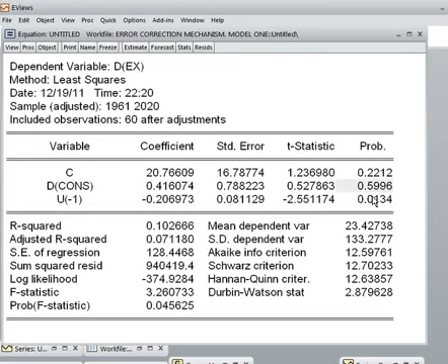So the short run coefficient, that is dcons, is not a significant variable to explain our dependent variable, which is Ex. So that is a bad sign.